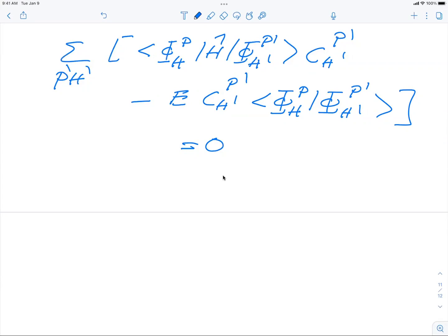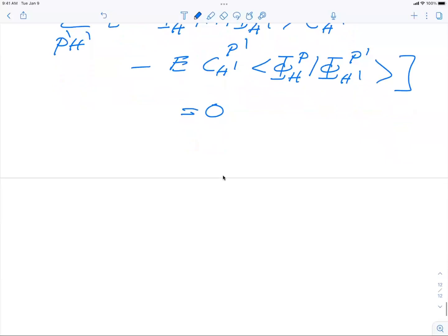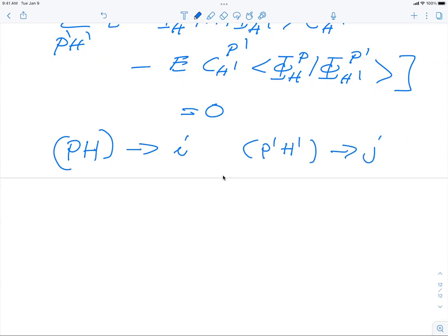So in general, let's make a more compact notation here. Let's let this PH go over to an index I, and then we let the PH' go over to an index J. So I'm just going to rewrite this in a more compact way.